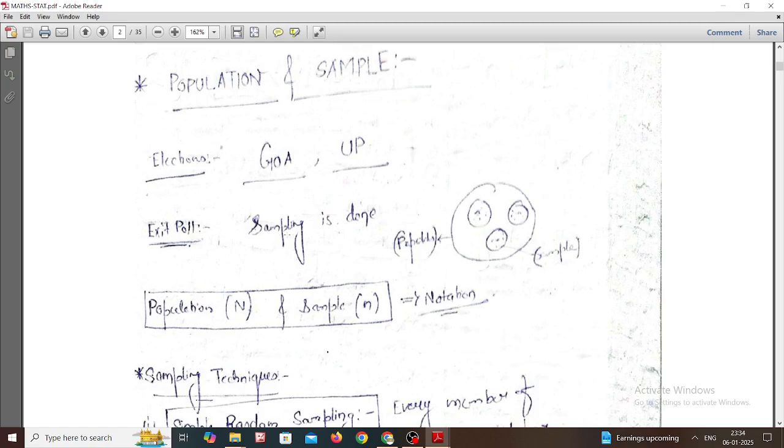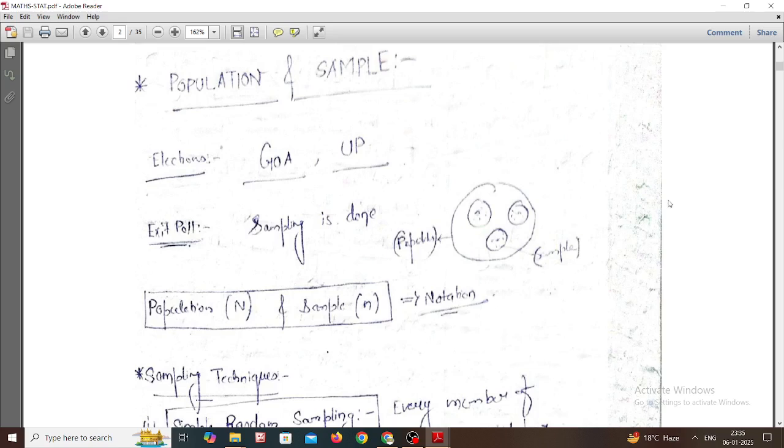In an exit poll, sampling is being done. This is the entire population, from which we take a chunk of people, and it is distributed, wherein we try to get an idea of those particular samples. We take 5-6 samples in all, get conclusions from those samples, and then relate it to predict for the entire population.